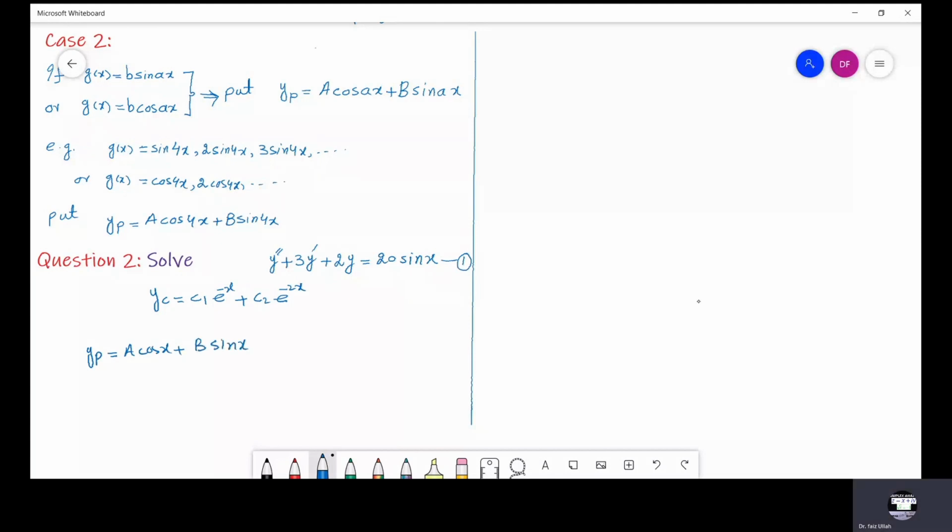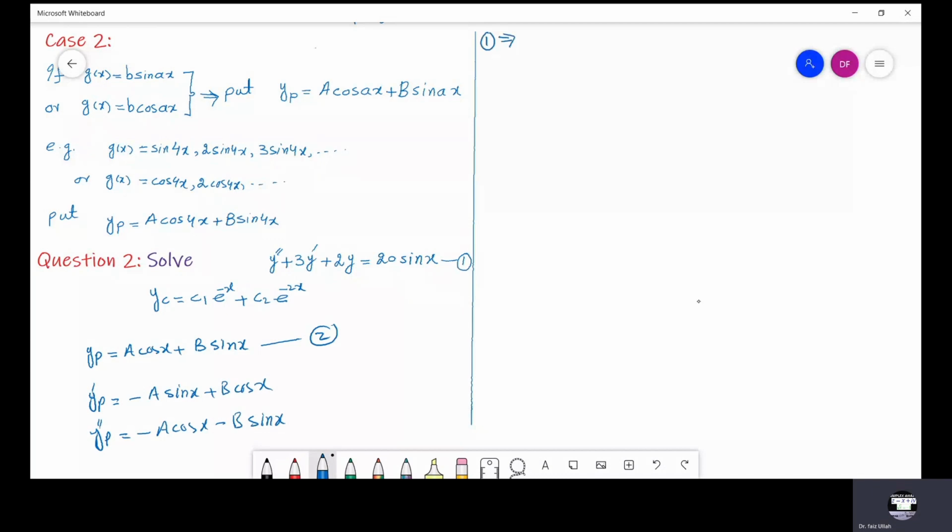And from here we can get the value of y dash, which is equal to minus a sin x plus b cos x, and the value of y double dash, which is equal to minus a cos x minus b sin x. And now let us put these values in equation number 1.